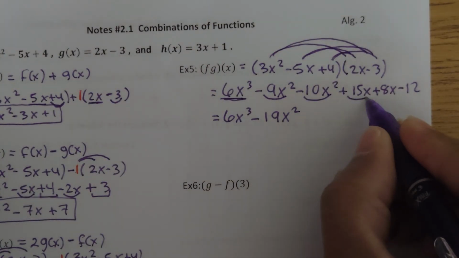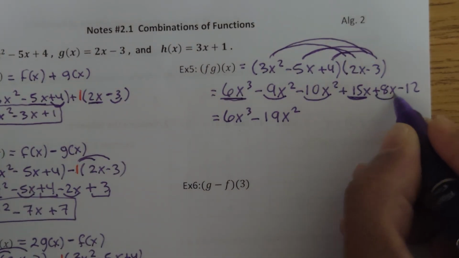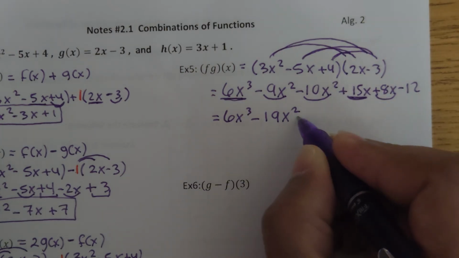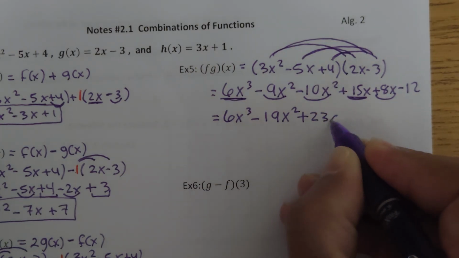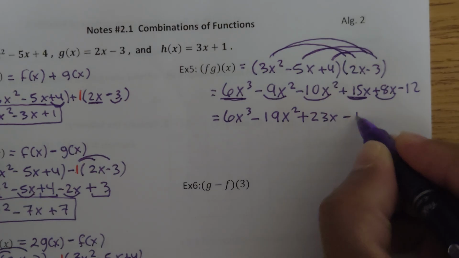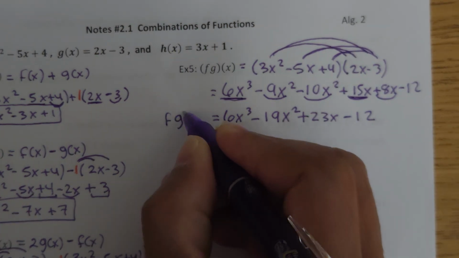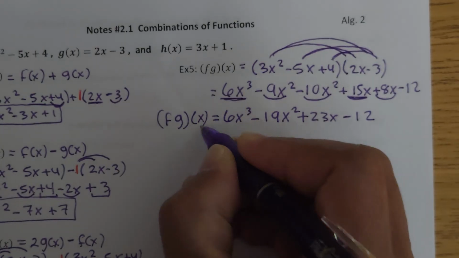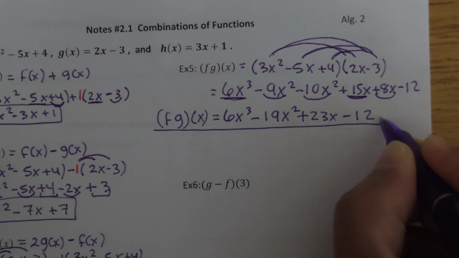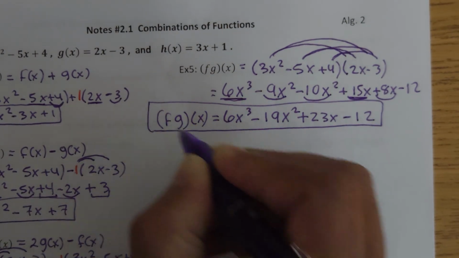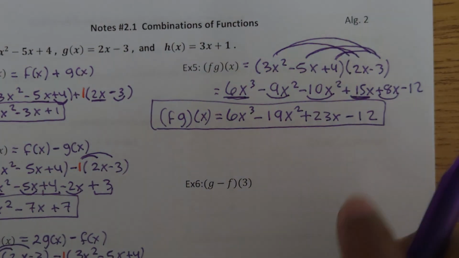So I have 15x and 8x. 15 and 8 combine to 23, so 23x to the 1st power, and then I just have negative 12. Okay, which means that the product of the function f and g of x is equal to 6x cubed minus 19x squared plus 23x minus 12.